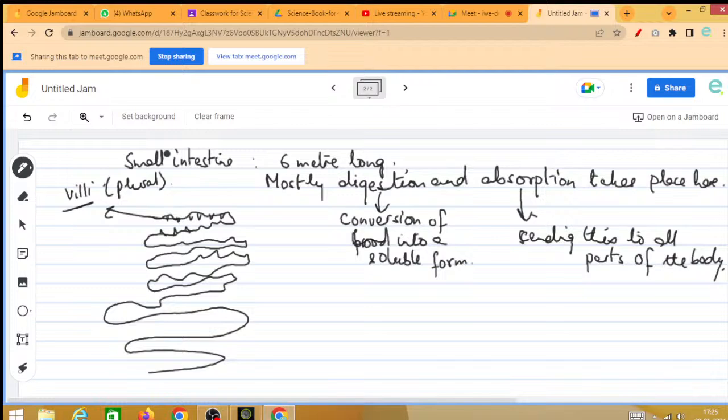And plural is villi. This is singular. So there are lots of villi in the intestines which actually are used for absorption. Okay? So the food, whatever is new, all the nutrients are absorbed by the villi in the small intestines. Okay, next.